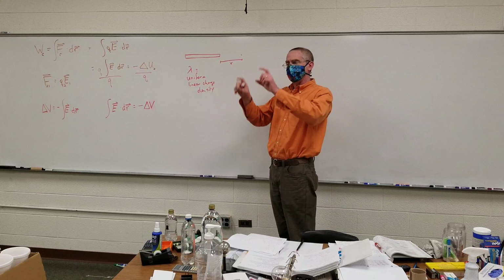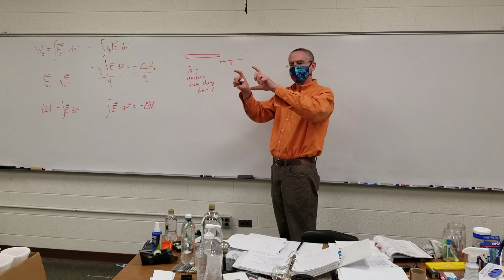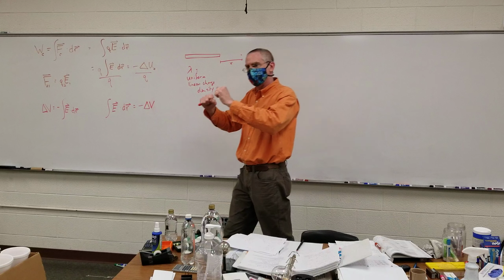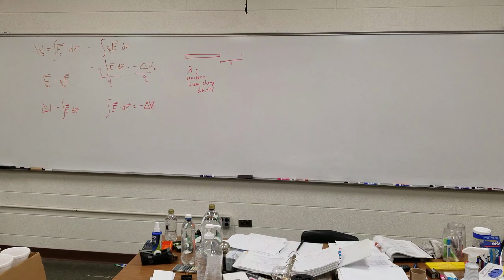I know we did it with just point charges, and I did the ring, and I did linear, I've got uniform linear charge density. That's one of our notes that we had. Okay, so it looks like what I did before was I had a uniform linear charge density here, and then I found the potential at this point. Okay, so it's a different orientation.